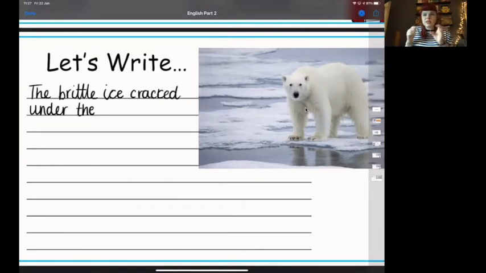Now, I was just going to say claws, but I think I can add an adjective to that noun to make it a little bit more exciting. So maybe the pointed claws, which is part of my word bank. So under the pointed claws of the polar bear.